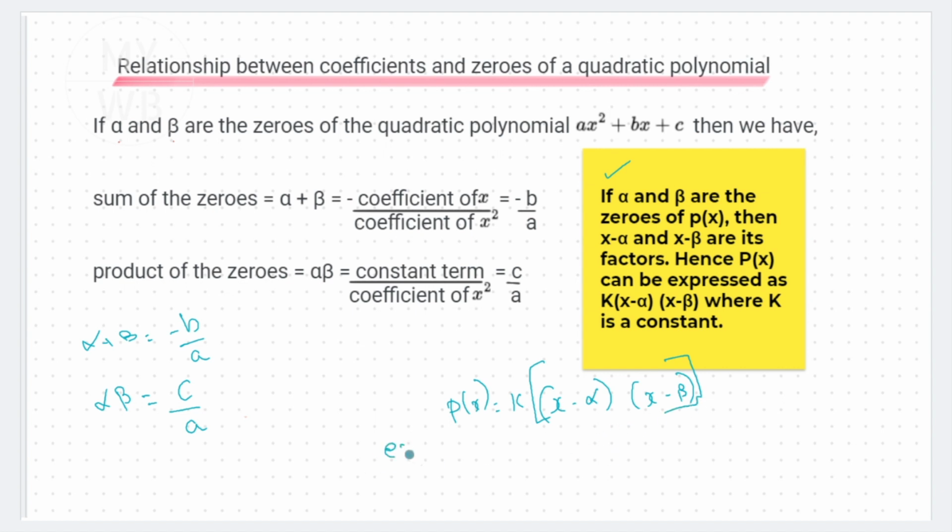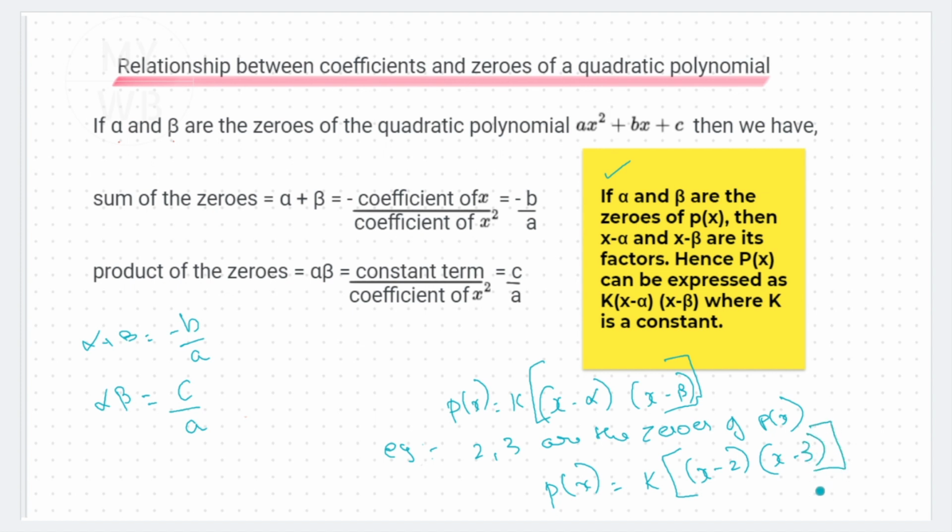For example, when we say 2, 3 are the zeros of p of x, then you can express p of x as a constant into x minus 2, which will be one factor, and x minus 3, which will be another factor.